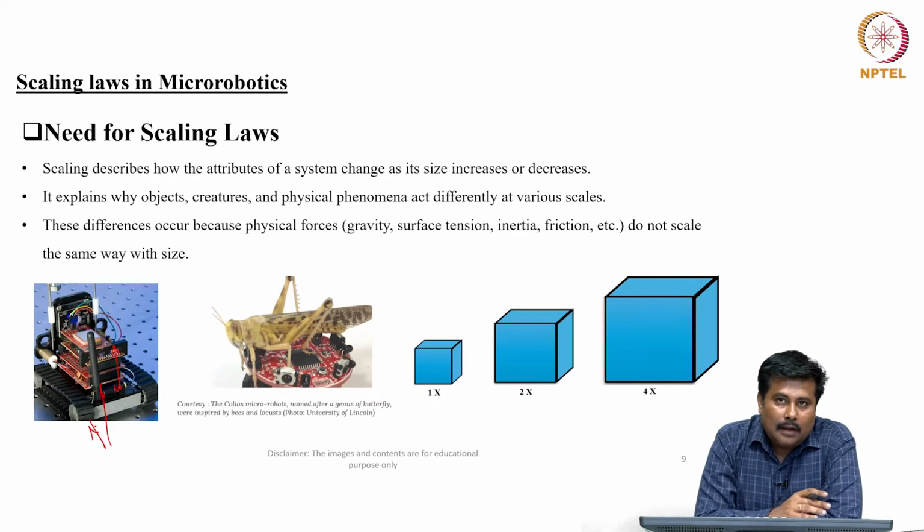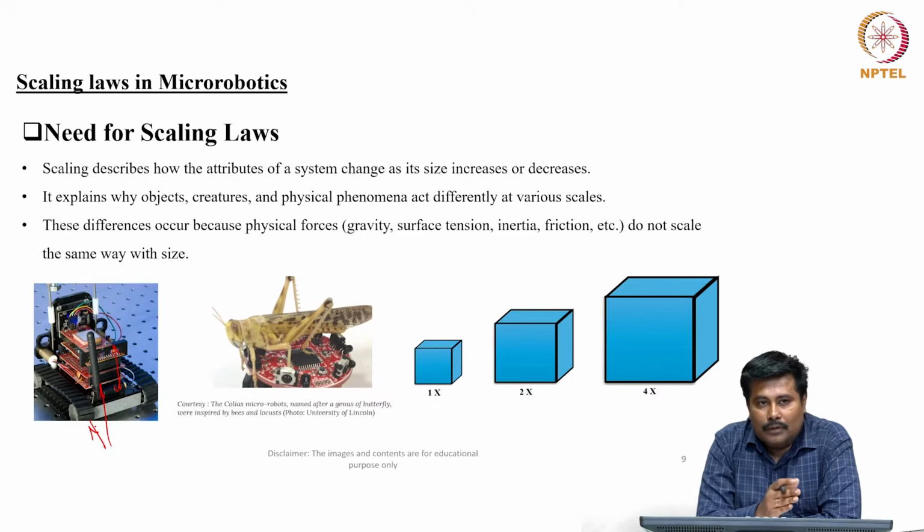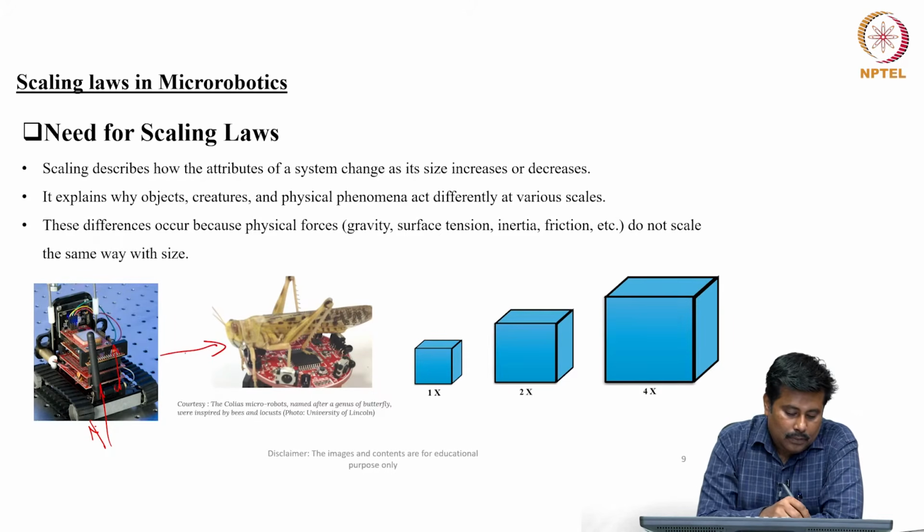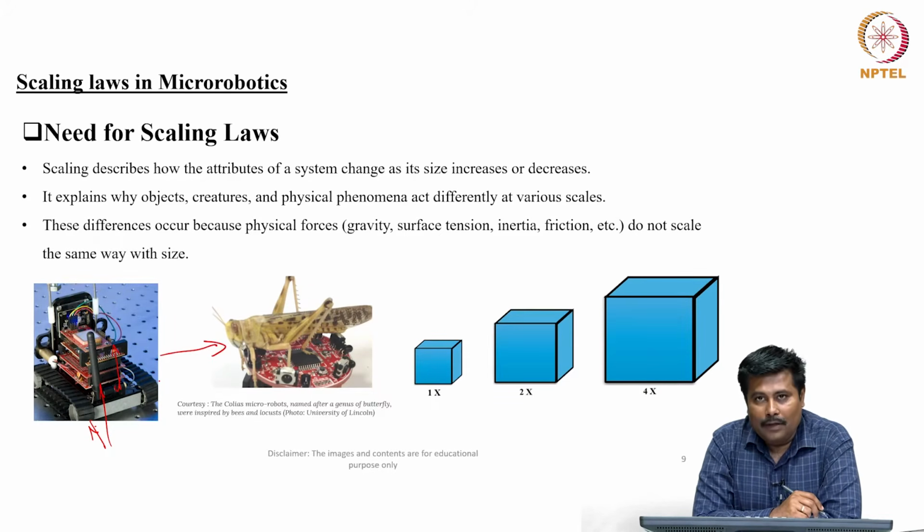Here an external power source can be deployed, or a battery can be deployed, and it can be charged and used for the movement of the system. However, when we try to reduce it to a micro level, there are different challenges which persist.